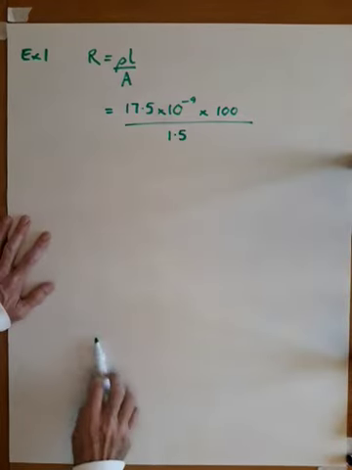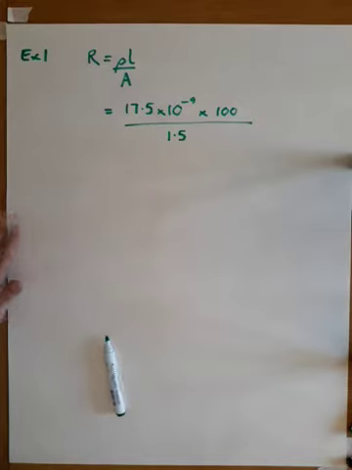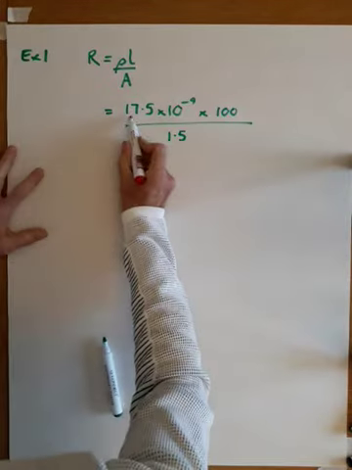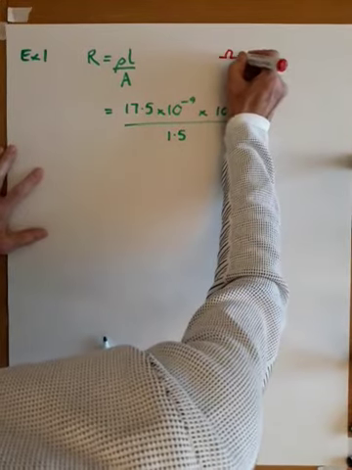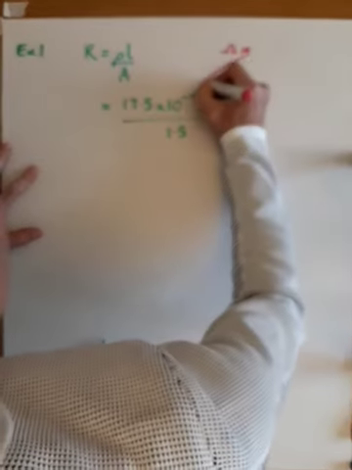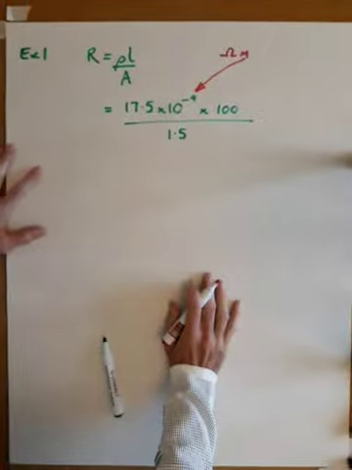At this point, you need to remember why we did the area conversions, converting millimeters squared to meters squared, because this is 17.5 times 10 to the minus 9 ohm meters, so this is basically meters.